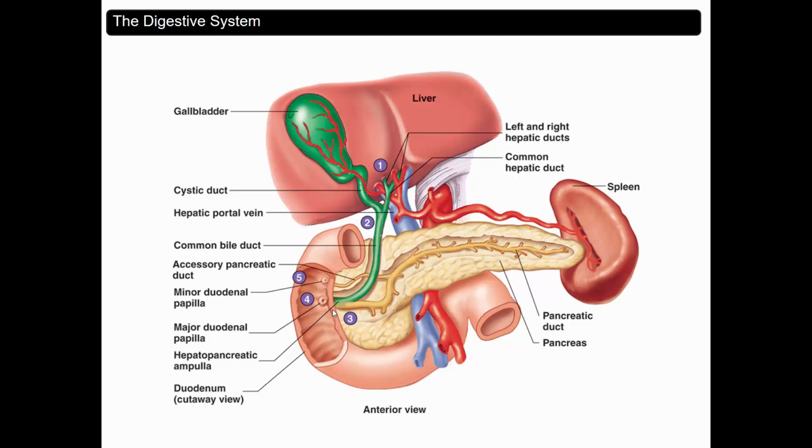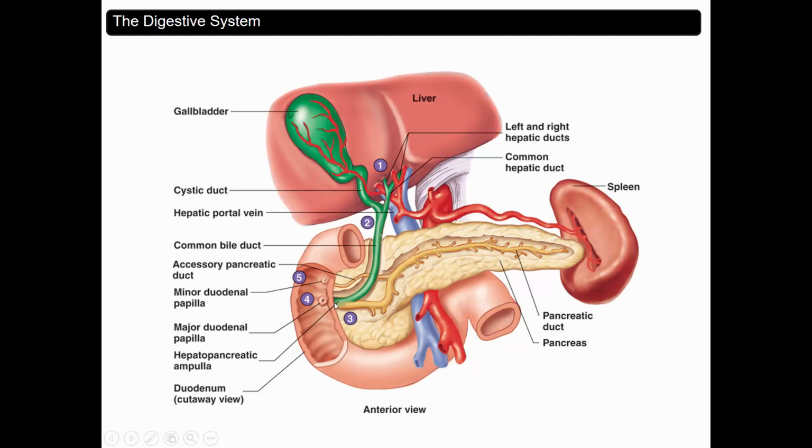So, the Sphincter of Odie wraps around the ampulla of Vater, and typically it's contracting. It's pinching off the ampulla so that bile and pancreatic juices aren't just dumping into the small intestine. We don't want it to just flow freely all the time. You only want to dump bile and pancreatic juices in when you're digesting food.